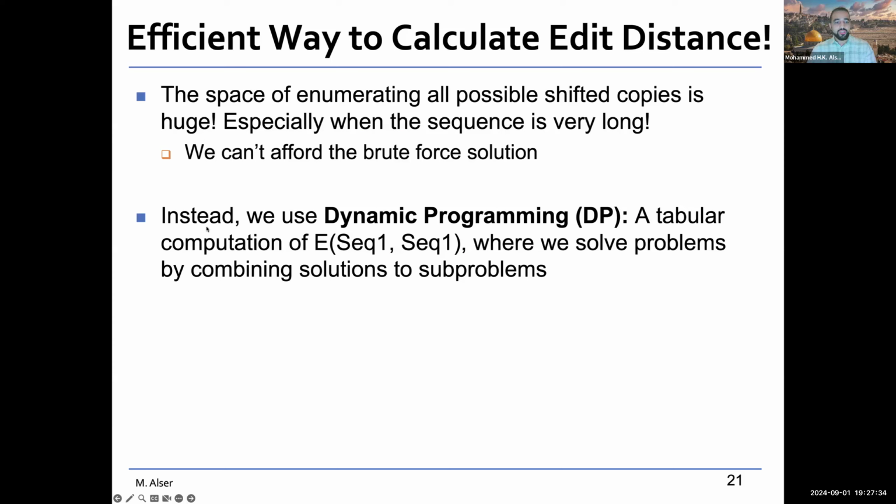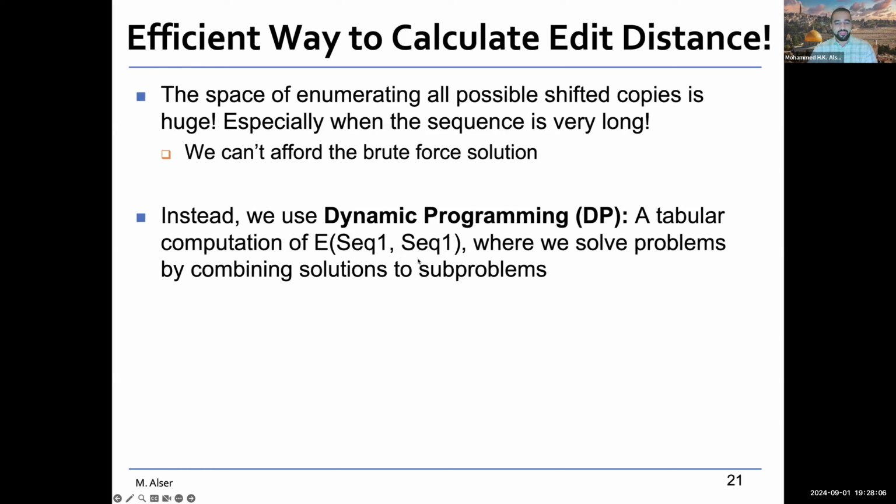Okay, so instead we use the dynamic programming technique. That is a technique for solving problems that satisfy some properties. We're not going to discuss it in detail, but we are going to take the example of edit distance on how we apply dynamic programming to save a lot of calculation involved in this process. So dynamic programming is a tabular computation. It means there's a table included in the calculation.